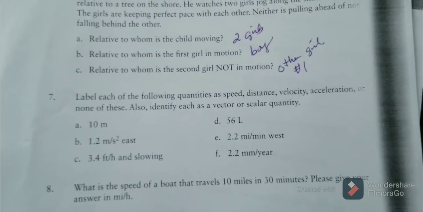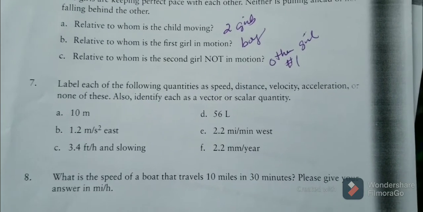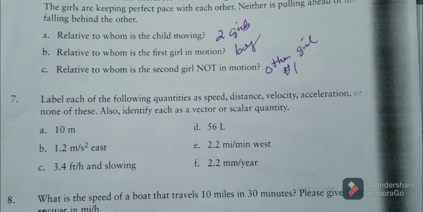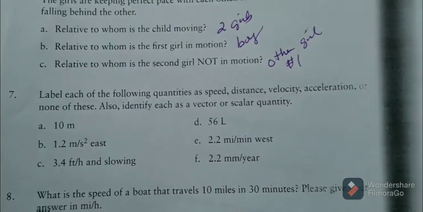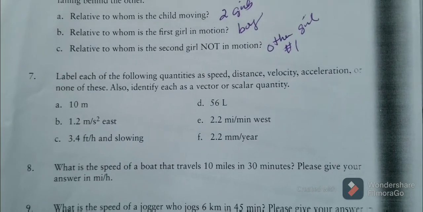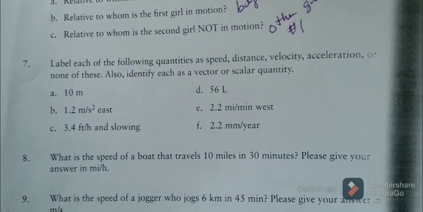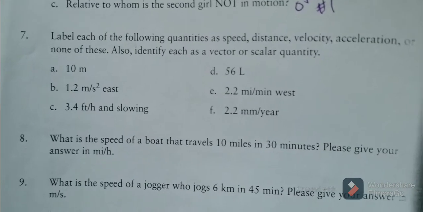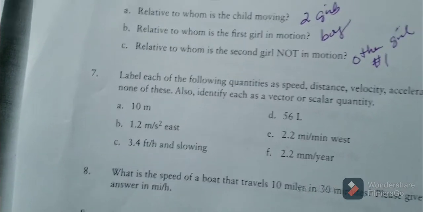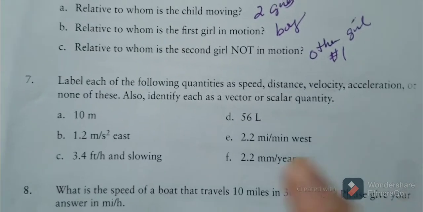All right, moving on. Label each of the following quantities as speed, distance, velocity, acceleration, or none. And also identify each of these as a vector or scalar quantity. All right, so this one, I wanted to give you guys a clue because in the test, they ask a question just like this, but they don't give you all of these options.